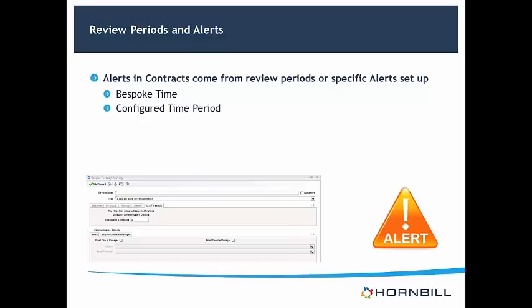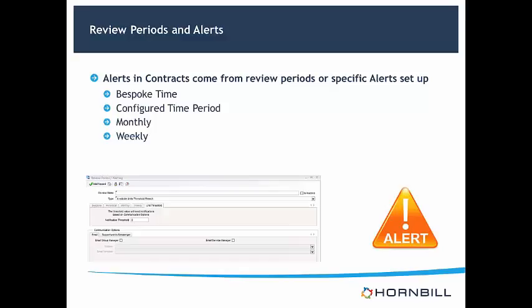We can have a configured time period. So within the general settings, there are time periods that you can set up. So things like your financial end of year, you might run April to March with your financial year, so you can reflect that in a time period and then use that time period within the contract to say we need to do this before our financial end of year to make sure that that agreement's in place.